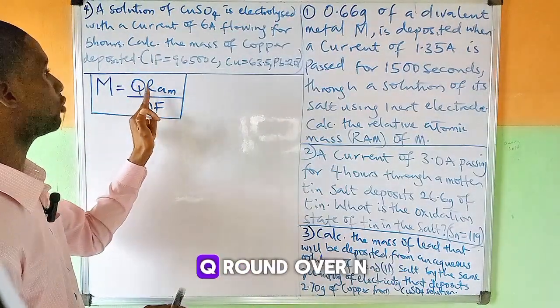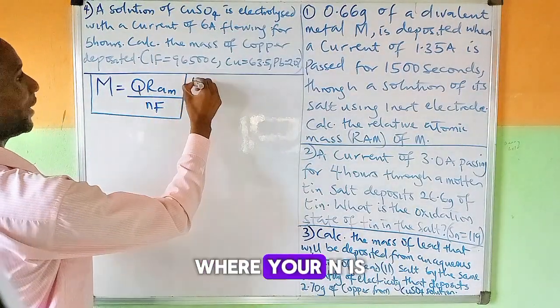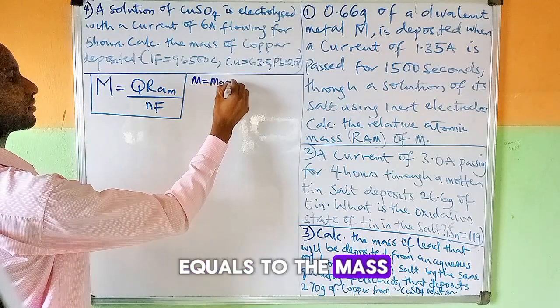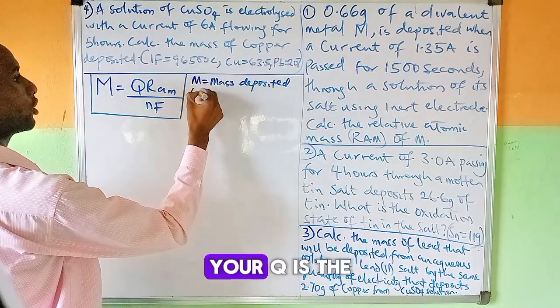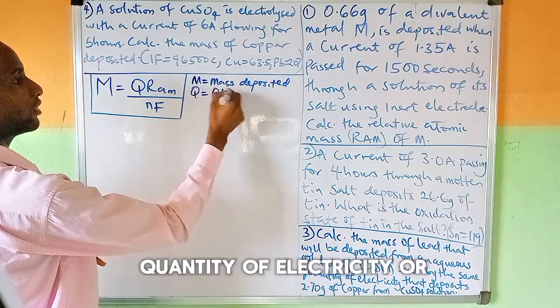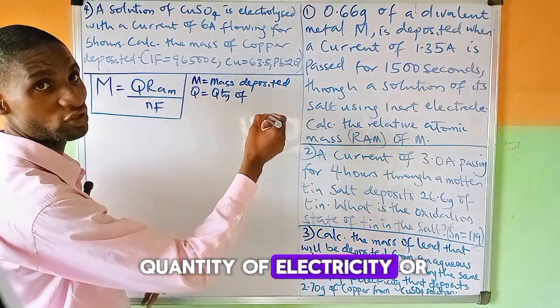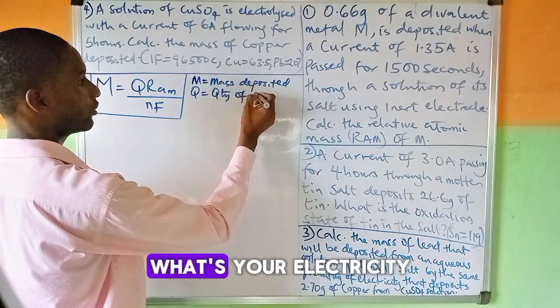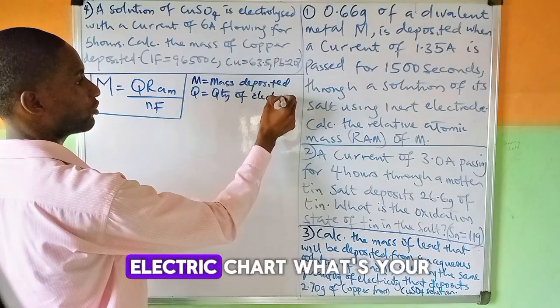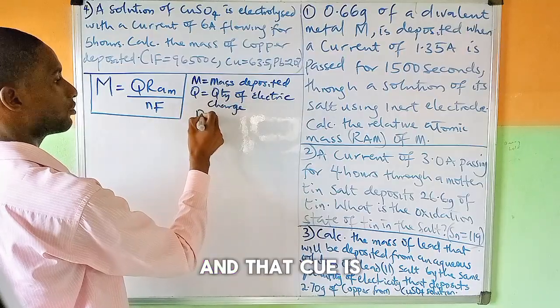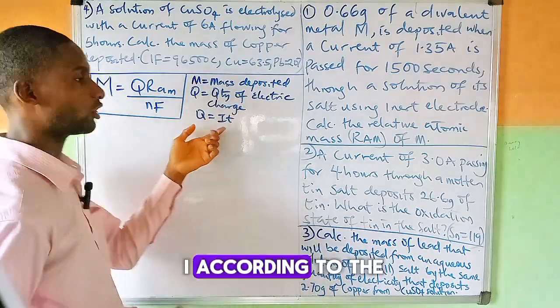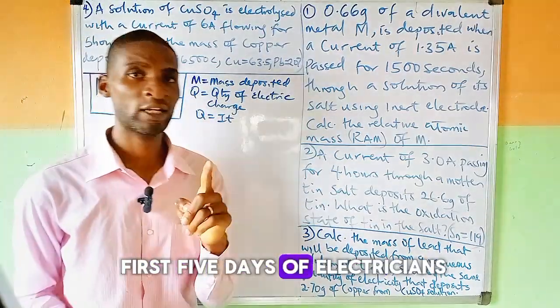So M equals Q × RAM over NF, where M is equal to the mass deposited, and Q is the quantity of electricity, or quantity of electric charge, and that Q is IT, according to the first Faraday's law of electrolysis.